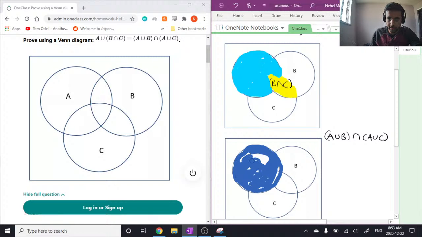Again, I'm just solving the first bracket for now, and then we'll do the other bracket as well. So I've covered all of A, and then the first operation is asking us for A union B. So that would also mean that B is also all covered.